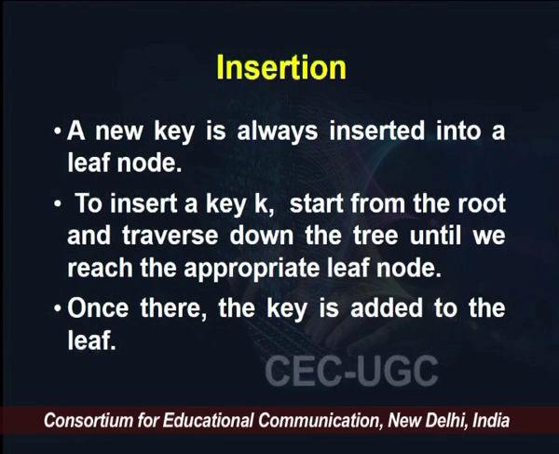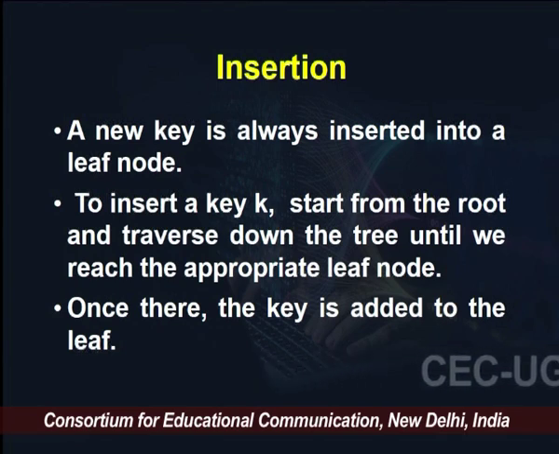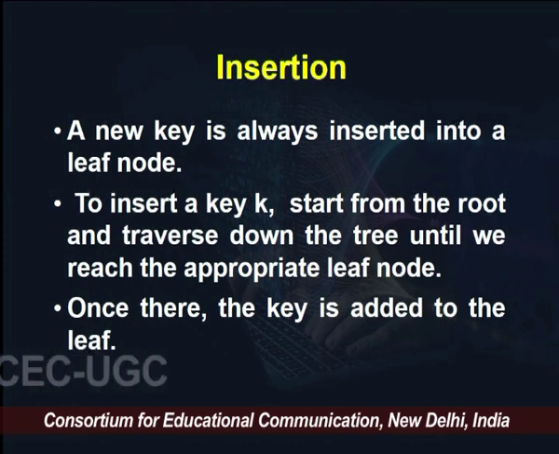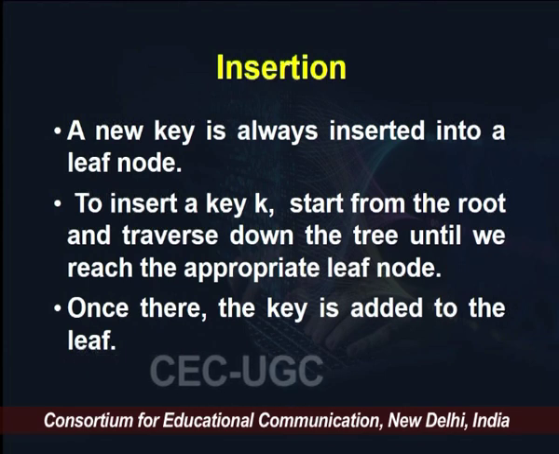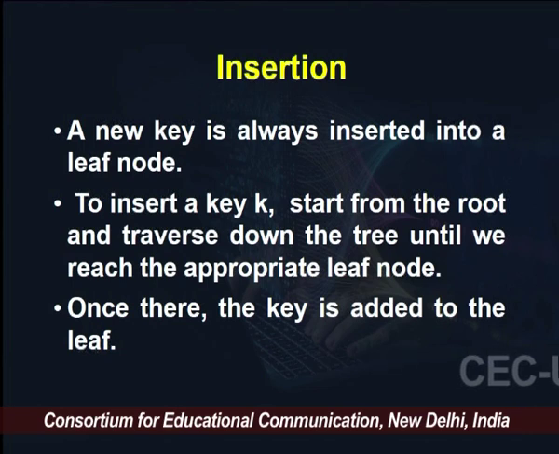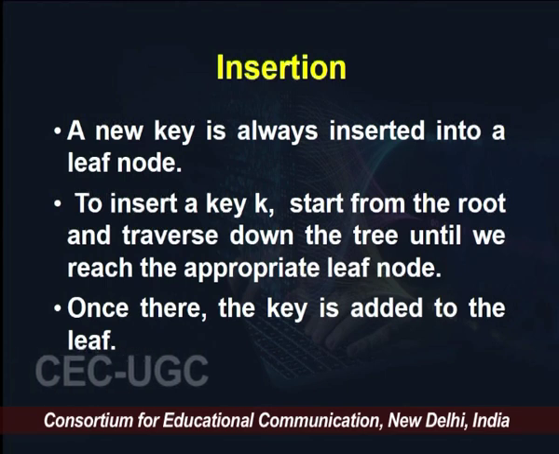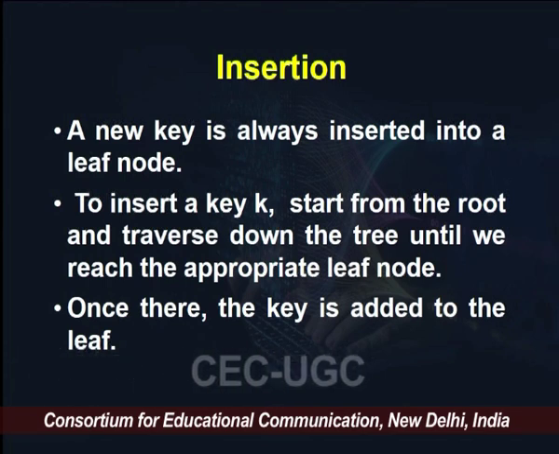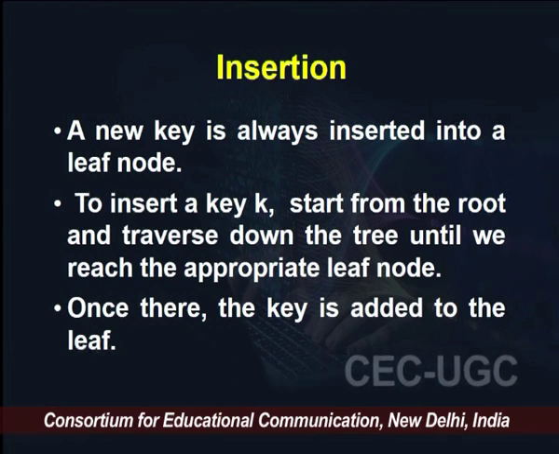If we talk about insertion, the first thing which is very important is the property that a new key is always inserted into a leaf node. In order to insert a key, we need to start from the root and traverse down the tree until we reach the appropriate leaf node.